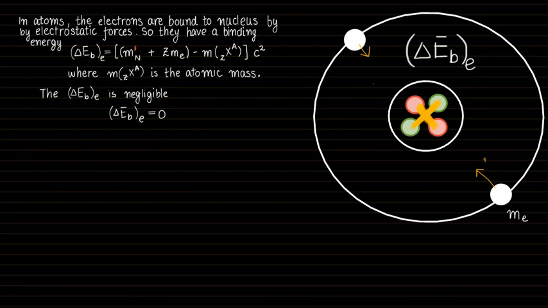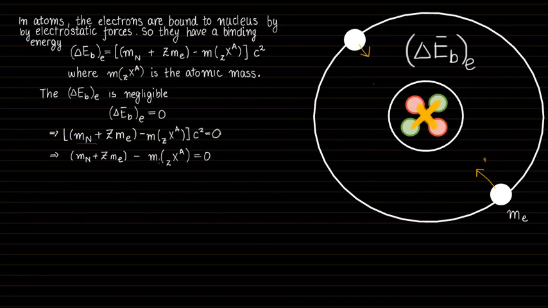So what is the expression of the binding energy? Let me write it down here. So I can write the nuclear mass plus the total mass of the electrons minus the atomic mass, multiplied by c square, equals 0. Now look here very carefully. This is the first term. This is your second term.